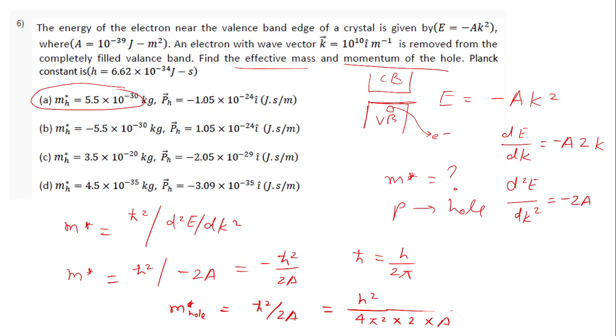So minus 1.05 times 10 to the power minus 24. This is the momentum for the hole. A is the correct option here.